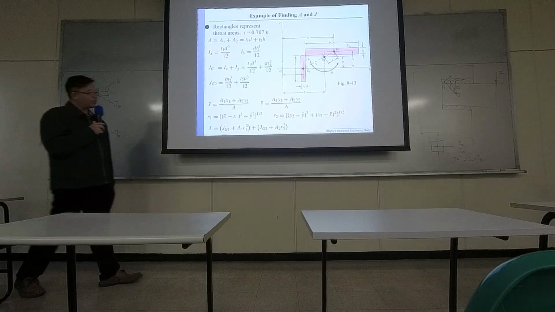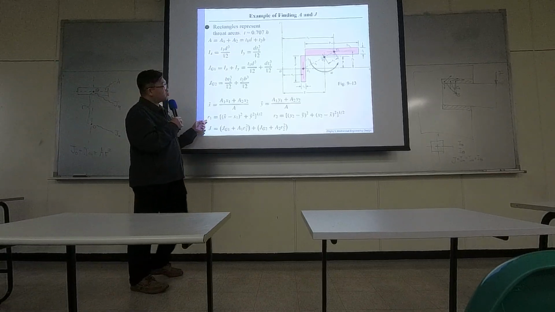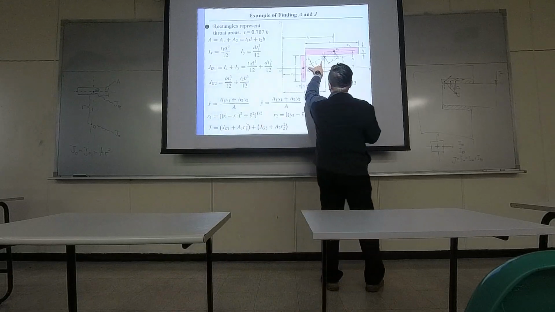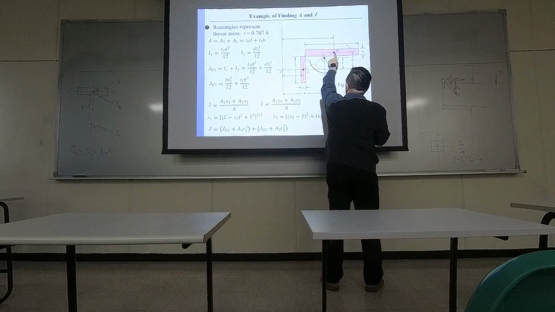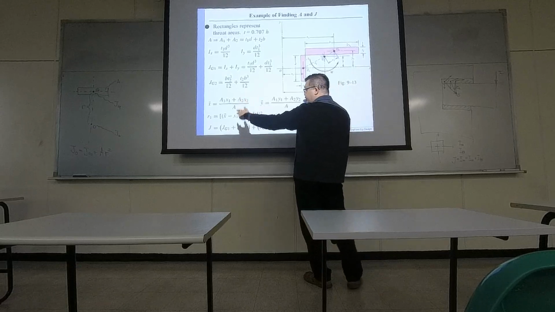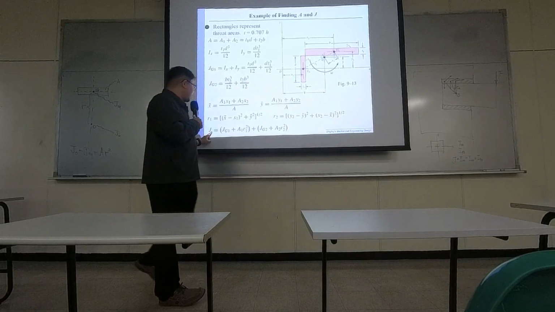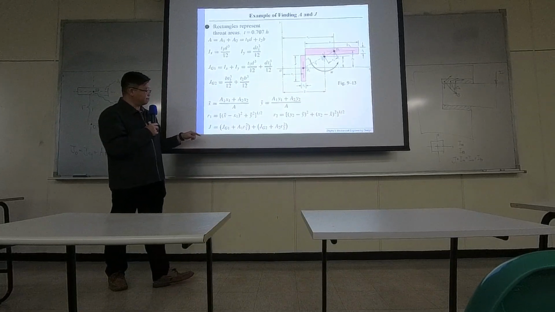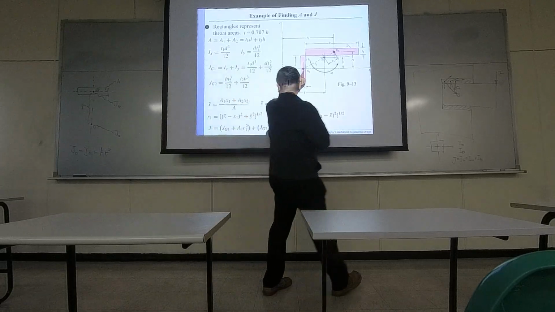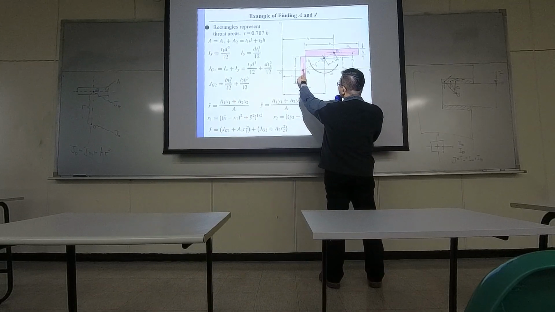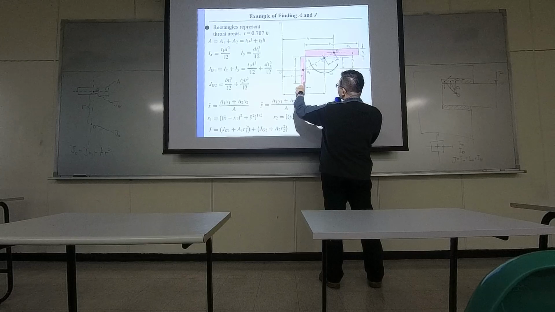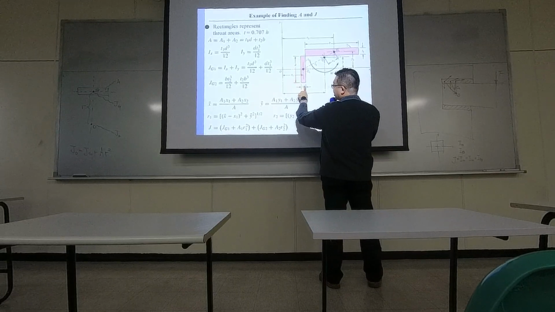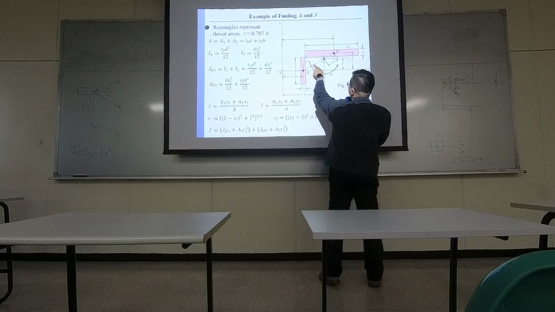That's why right here you compute this R1 and R2 by geometry. Then the overall J can be computed by this particular JG1 plus the area A1 times radius 1 squared.